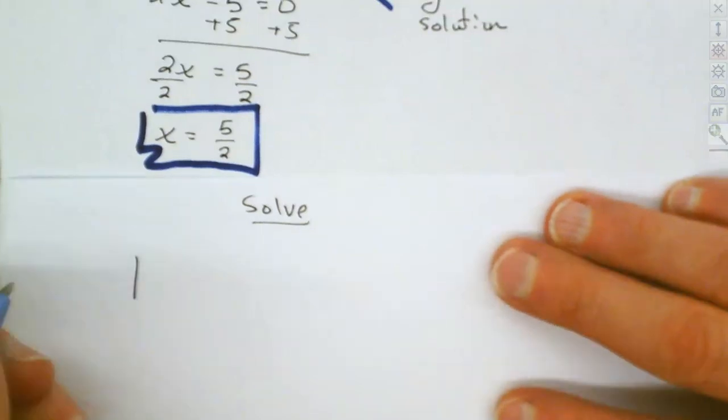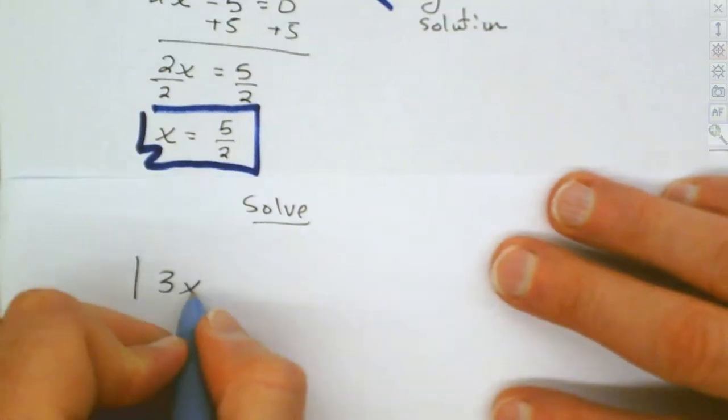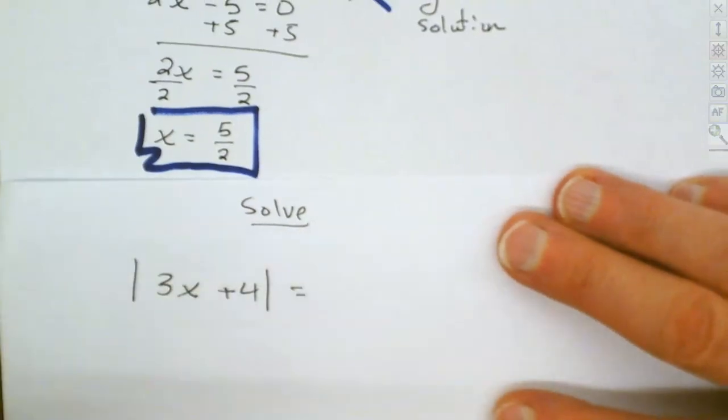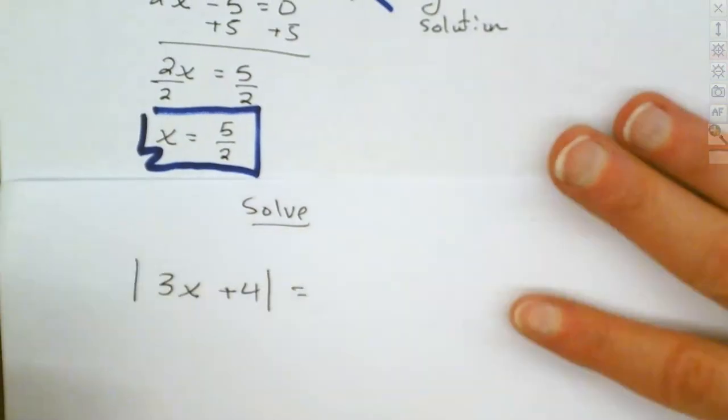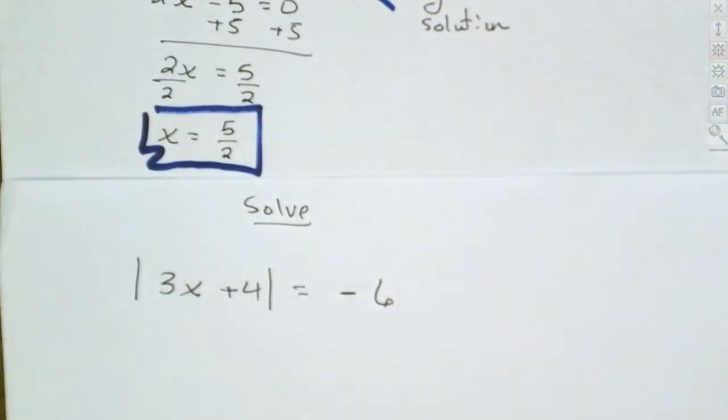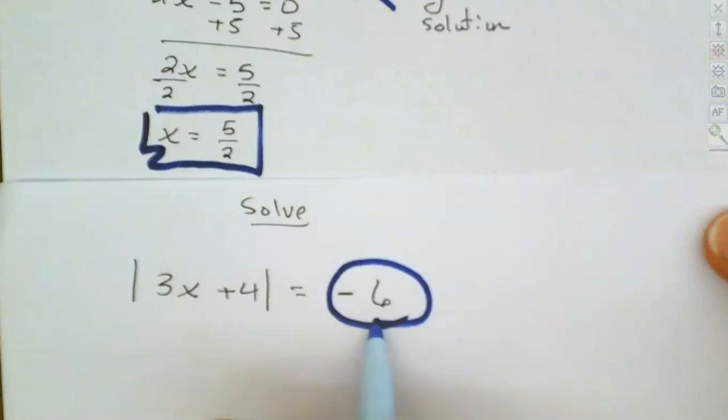So let's look at these three. I'll do 3 of them, just so we make sure we understand why these have no solution. Okay, we just have to think about absolute values. What comes out of an absolute value every single time? What's the absolute value of 10? Positive 10. What's the absolute value of negative 9?